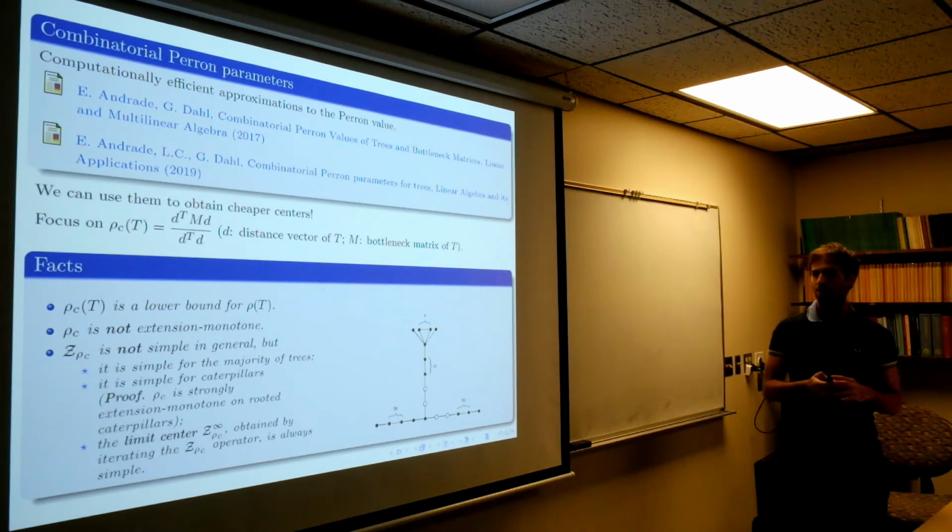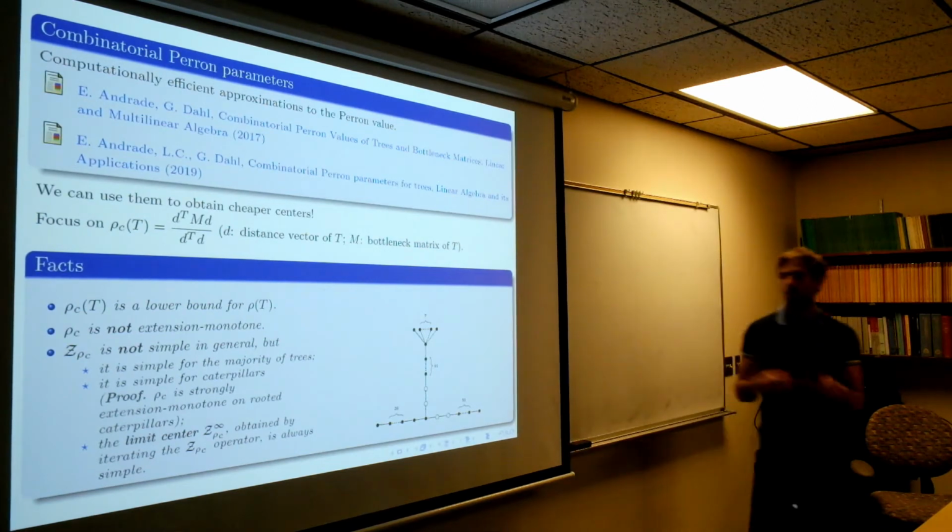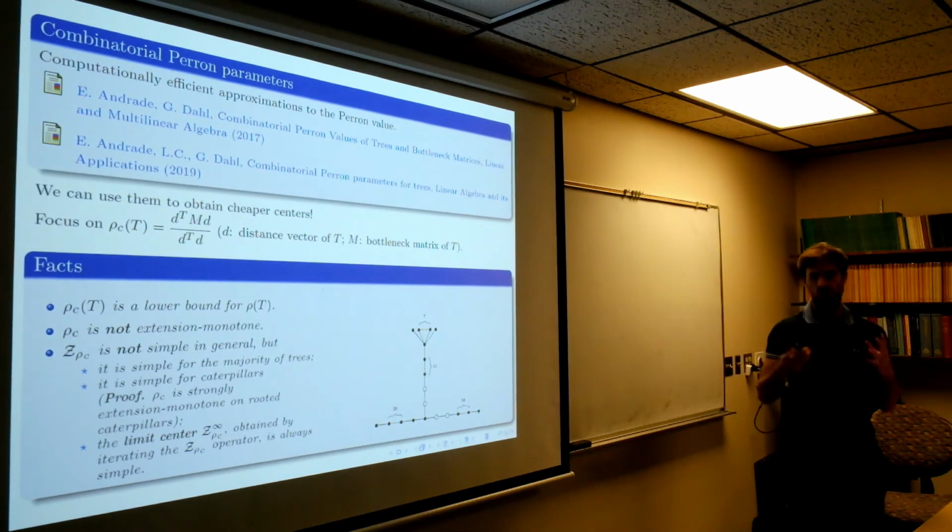Well, we can take this rho C center. It's an operator, right? It acts on a graph, and it gives you a set of vertices. So we can take those vertices, we can take the subgraph of the original graph induced by these vertices, and then we can iterate, right? And we will end up in the end with something simple. So in other words, we can define this limit center, which is obtained again by iterating this process, and this will always be simple. So for applications, we can just use this.